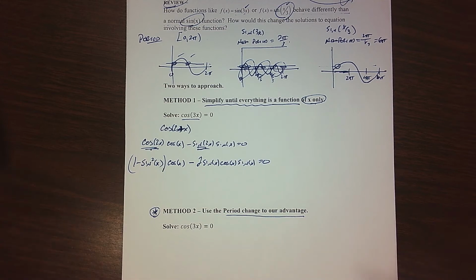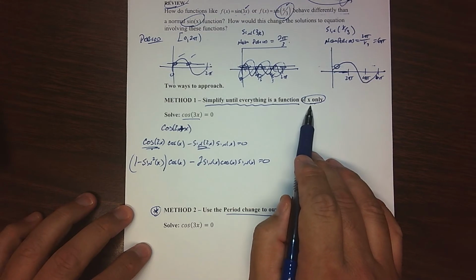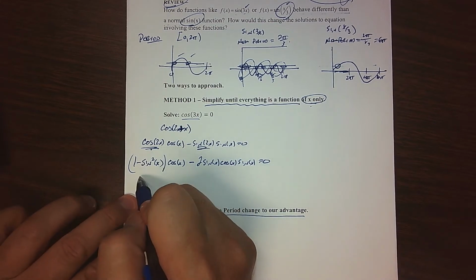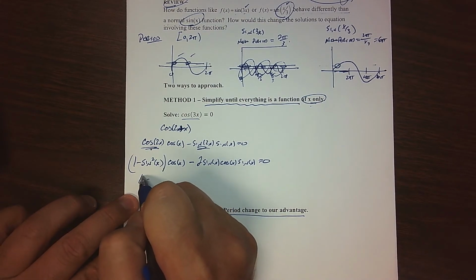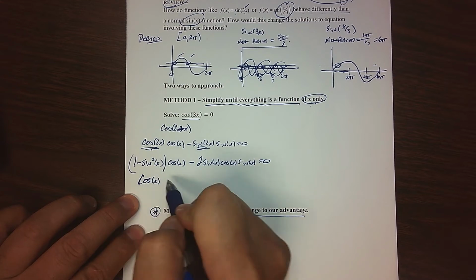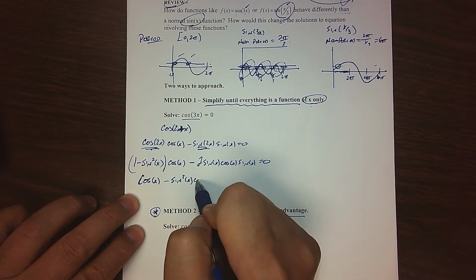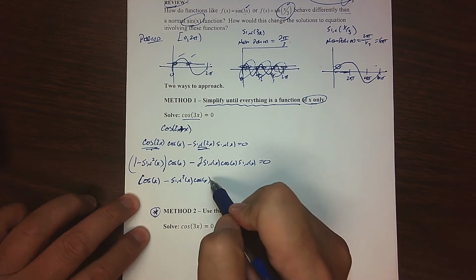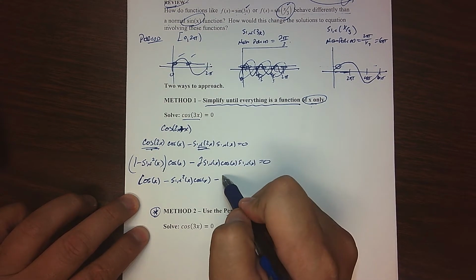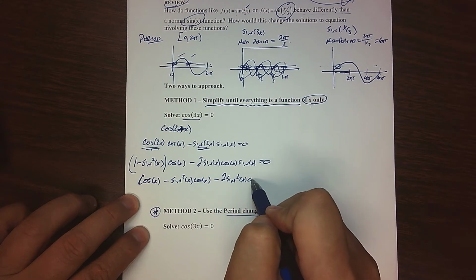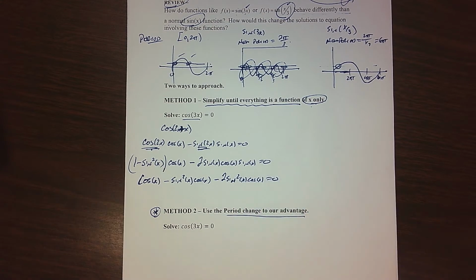The good news here is I now have everything in terms of x. What we now have to do is clean this up. So we get cosine of x minus sine squared of x cosine of x minus 2 sine squared of x cosine of x equals 0.